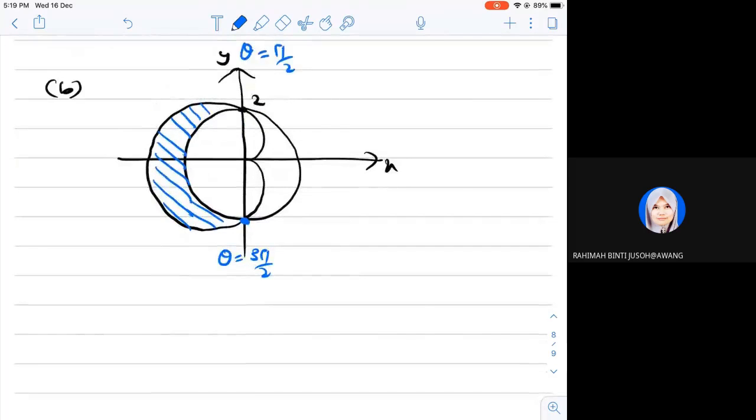So let us proceed with the integration. Area equals 1 over 2 multiplied by integration. Okay, the lower limit should be smaller, so it should be pi over 2 until 3 pi over 2. Right now, circle minus cardioid or cardioid minus circle? Cardioid minus circle.